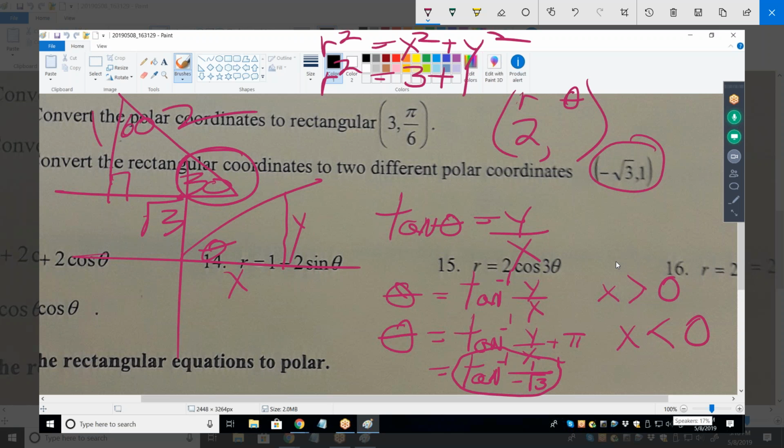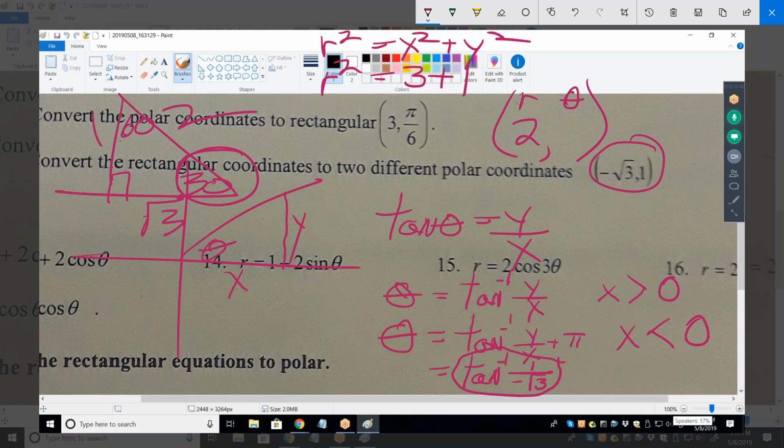SOHCAHTOA. Got to start with SOHCAHTOA. Tangent is opposite over adjacent. What's the tangent of 30 degrees? 1 over root 3. Ah, that's the number we're looking at.